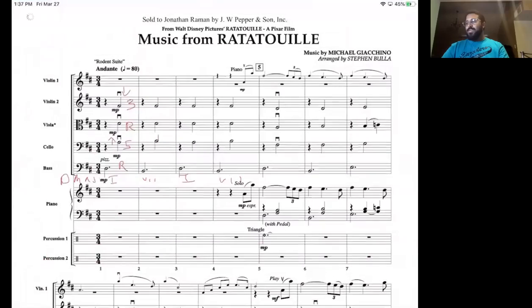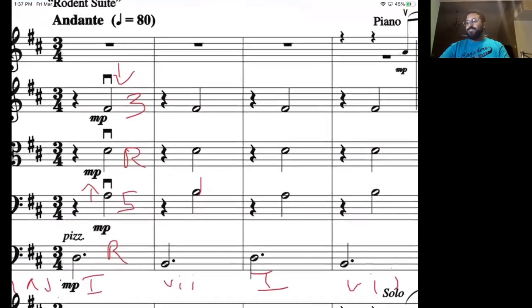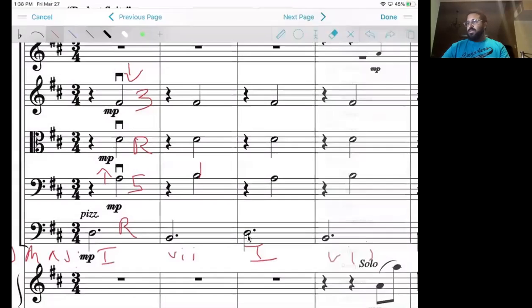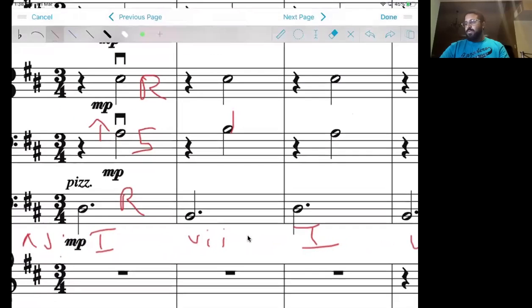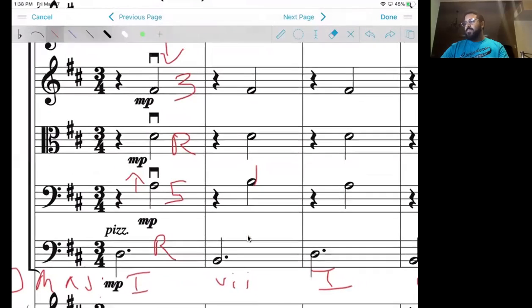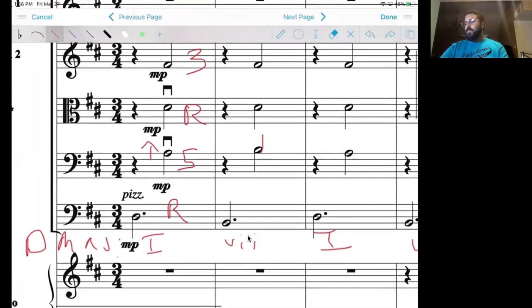Okay. So that being said, come back to here. And our root is, remember, it's a minor, so it's going to be B, D, F sharp. So B's are our root, D's our third, and F sharp is our fifth. So root, whoever's playing B, you're going to be solid.